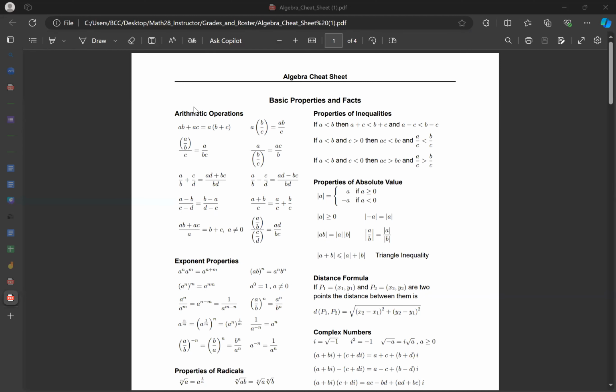Specifically where we are, where it says arithmetic operations right here. This is what we're learning so far, right? Pretty much all of this we've done. There are some variations here that might look a little funky, but trust me, you know how to do it already. This is just a generalization. So this is what we've covered so far.